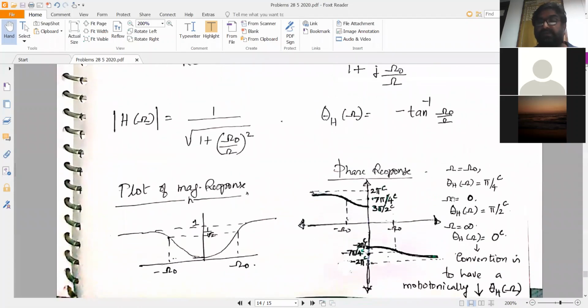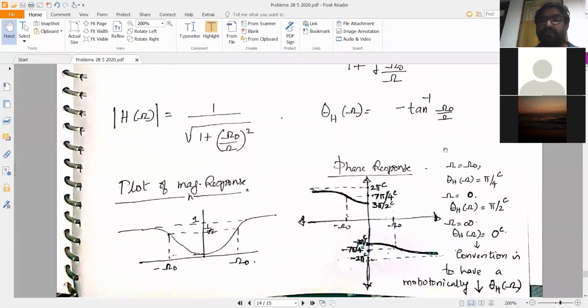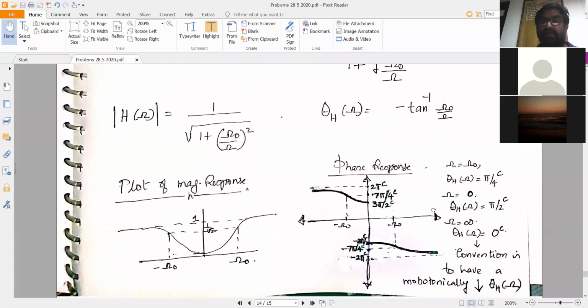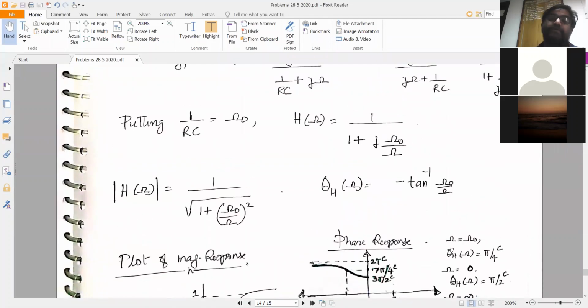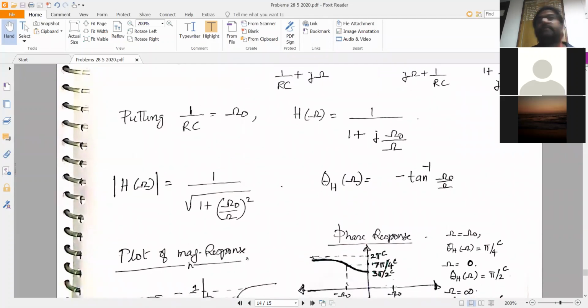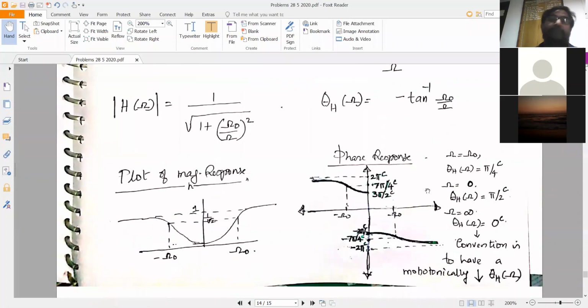To draw the phase response, you really have to note that at omega equal to omega 0, theta h of omega is equal to minus pi by 4 radian. And at omega equal to 0, theta h of omega is equal to plus pi by 2 radian. And at omega equal to infinity, theta h of omega is equal to 0 radian. So you can maybe draw this, but the usual convention is to draw this as a monotonically decreasing phase response.